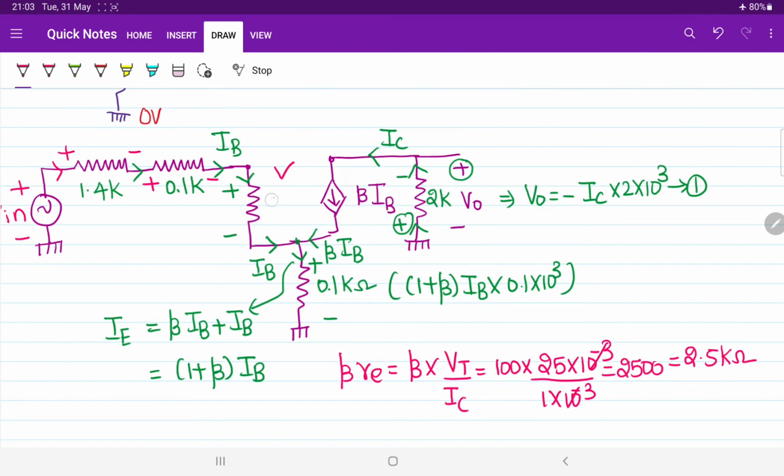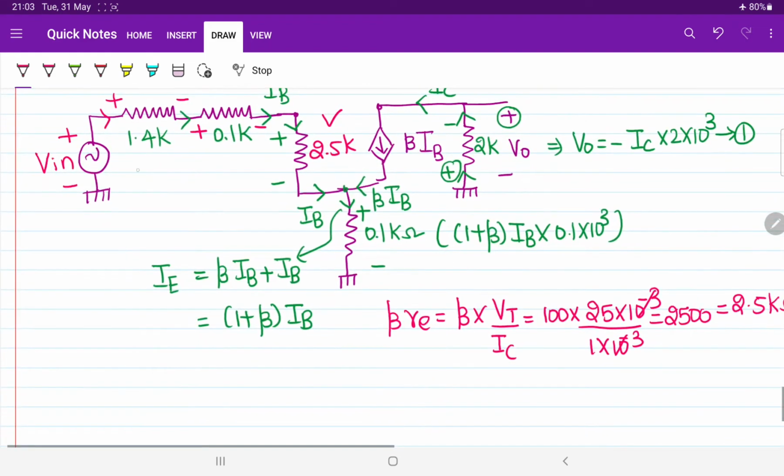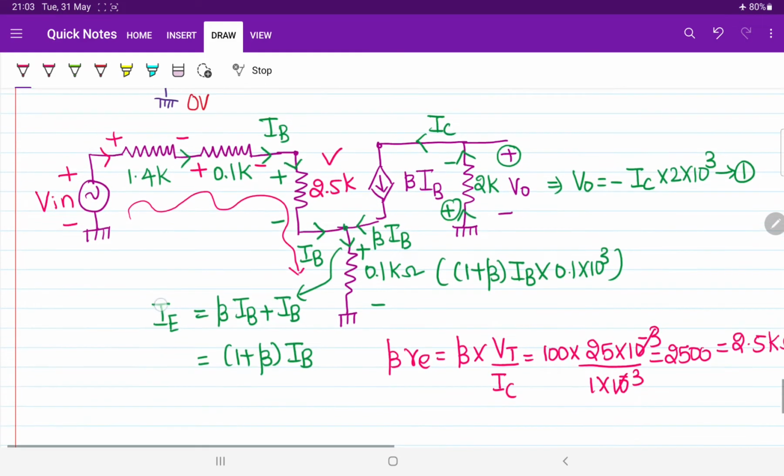Let me replace it by its equivalent value 2.5K. Now we can easily apply the KVL for the input equation, but while applying KVL we can add all these resistor values. 1.4 plus 0.1 will give you 1.5, plus 2.5, totally overall will become 4 kilo ohm. Yes or no? So 4 kilo ohm into current, the overall current is IB only.